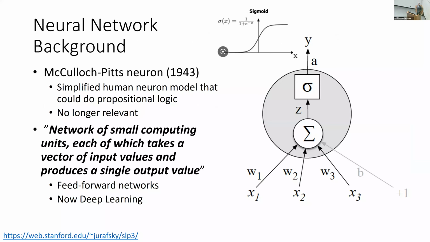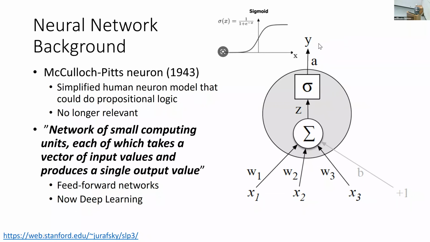Okay. Neural networks have actually been around, at least conceptually, for a long time, all the way back to 1943. They're not really relevant anymore, but the core features are still there. Neurons still have these weights, and they still take some input. There's a bias to that. And even the sigmoid function up here, if you're doing binary classification, is still used. That hasn't really changed so much.